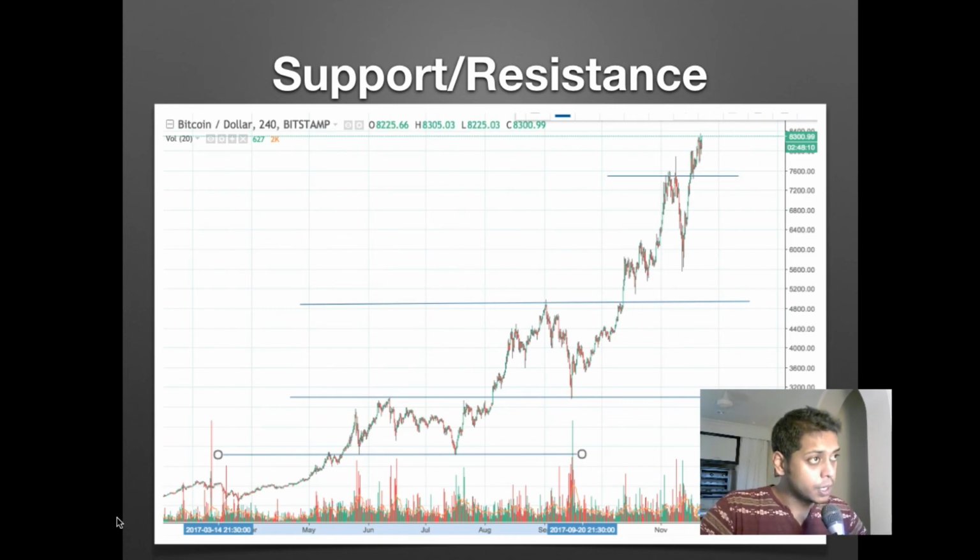But then once it meets this new resistance, it'll go down again. And when it goes down, the old resistance line tends to become the new support. It's not a hard and fast rule. It's just a thing that tends to happen.